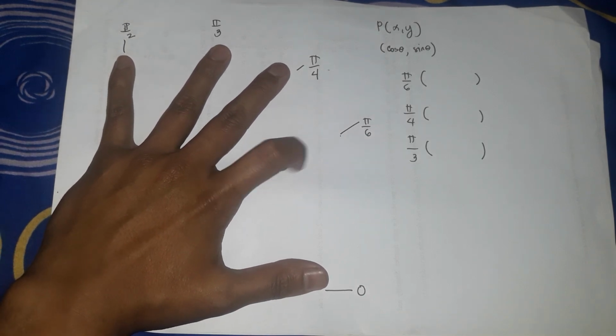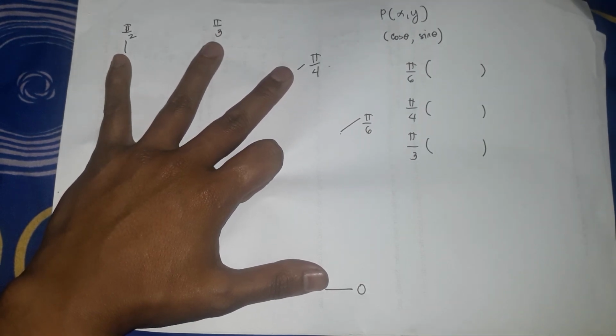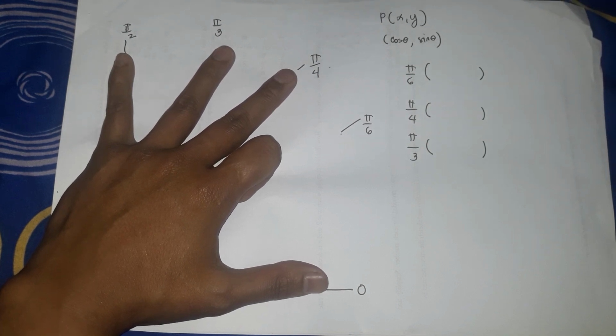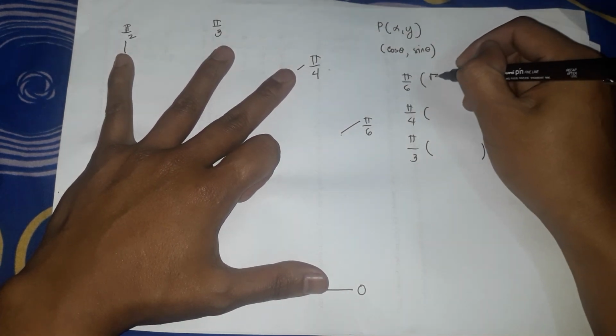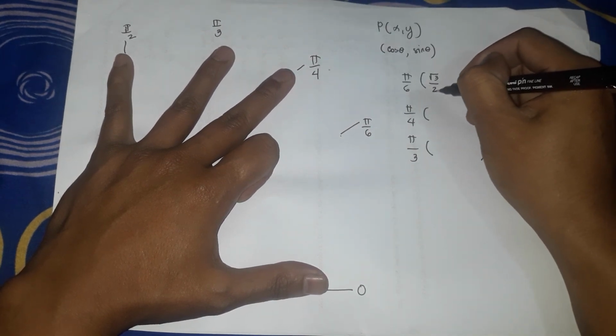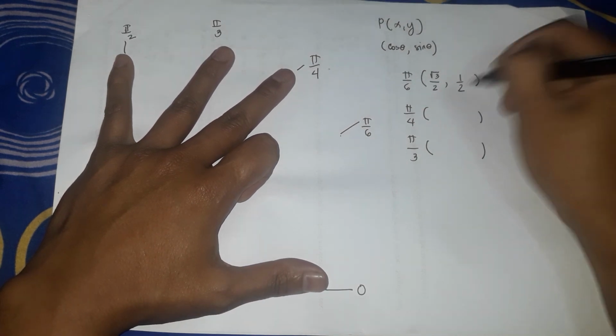For pi over 6, you notice that there are 3 fingers on its left: 1, 2, and 3. Its cosine theta will be square root of 3, and then the denominator is always equal to 2. Square root of 3 over 2. And then on the right side, you only have 1, then you say it's 1/2.